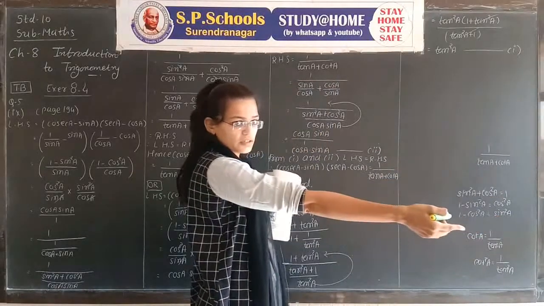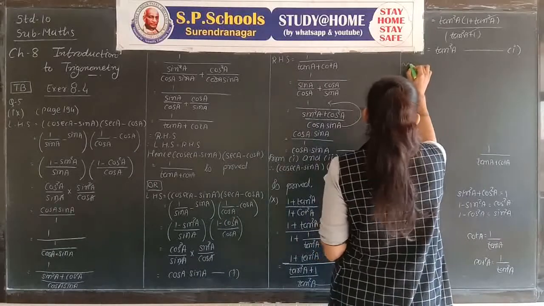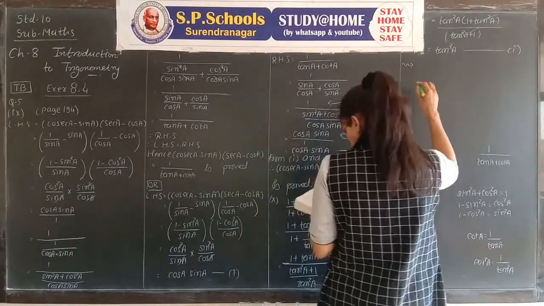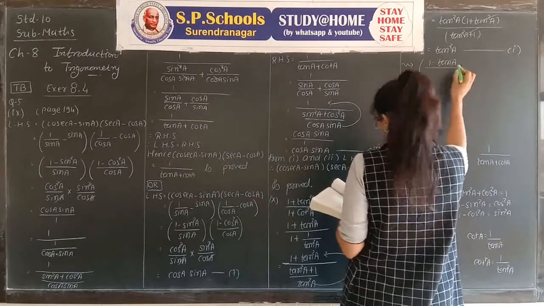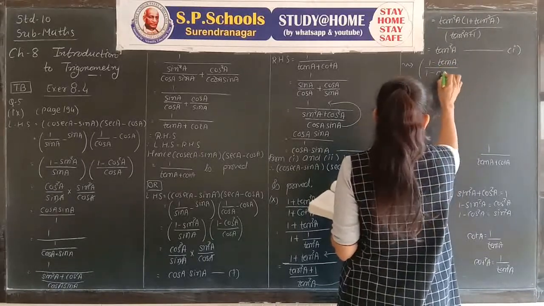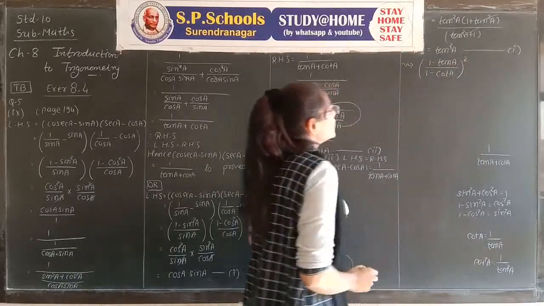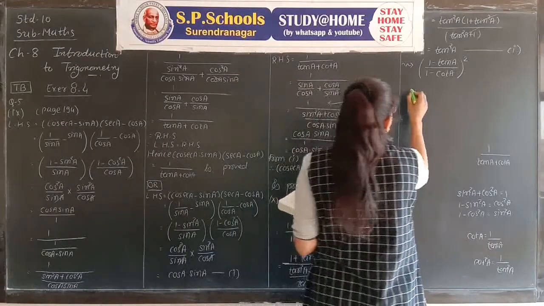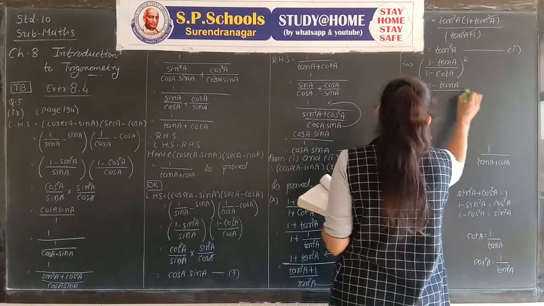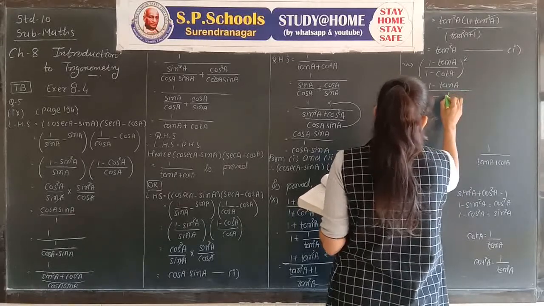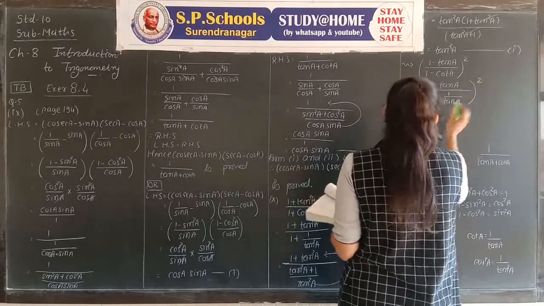It is the third one equals to the third one. We require tan square. Yes, it is a tan square. Now the second one is (1 minus tan A upon 1 minus cot A) whole square. Convert cot into tan. 1 minus tan A upon 1 minus, instead of cot, 1 upon tan A, whole square.